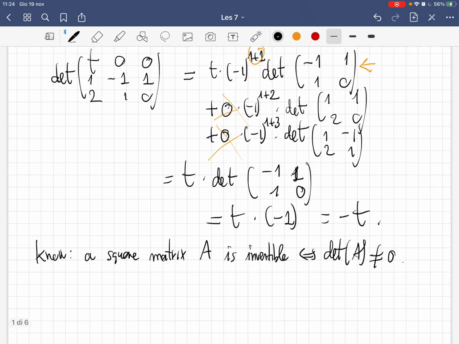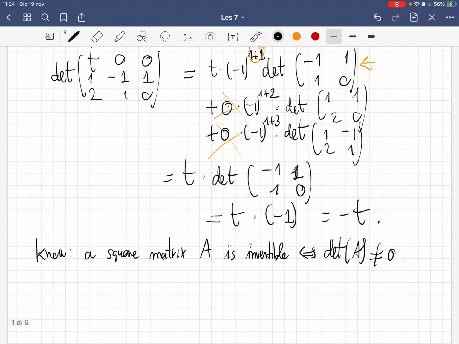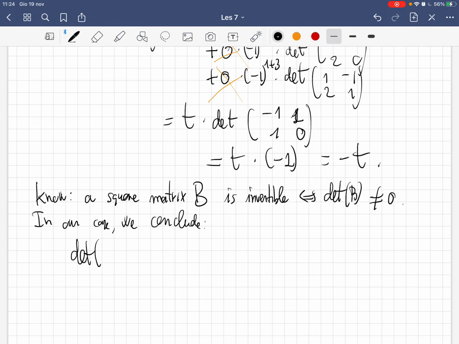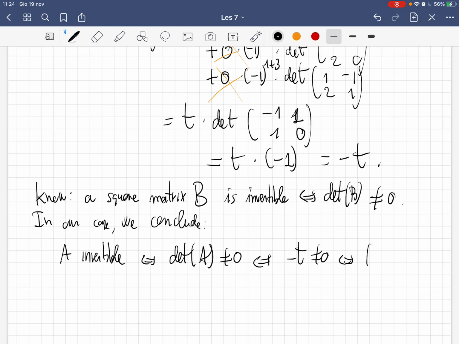So in this case, let's say a square matrix, not this A, let's call this B. In our case, we conclude that A is invertible if and only if the determinant is different from 0, if and only if minus t is different from 0, so if and only if t is different from 0.